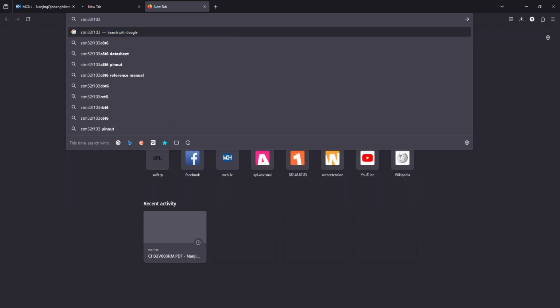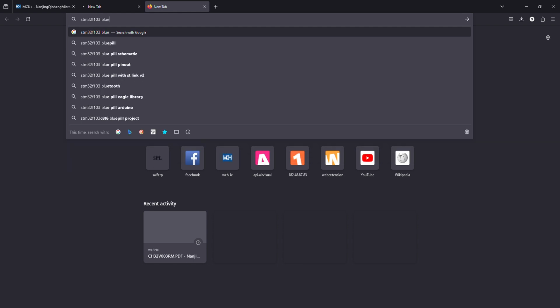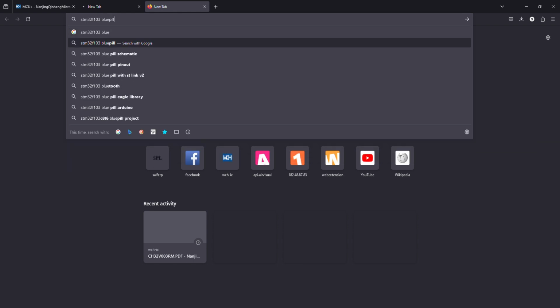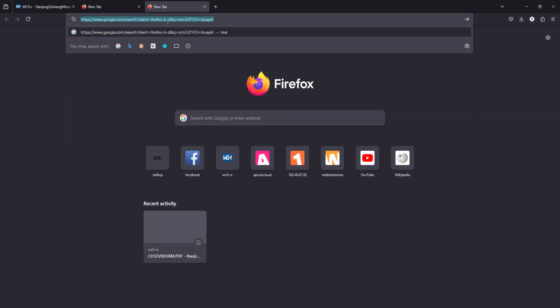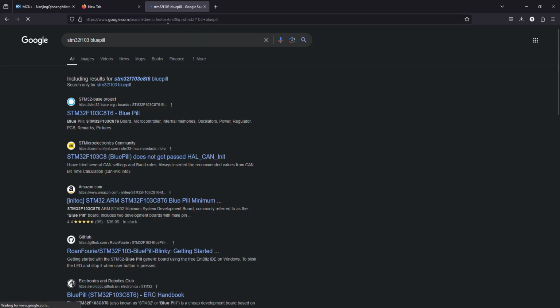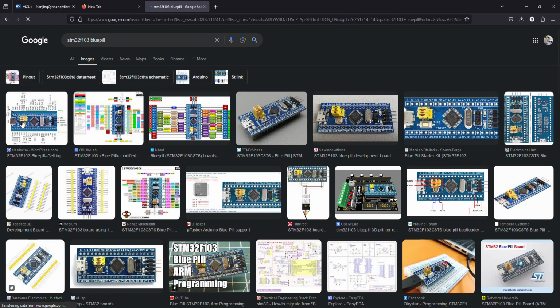The STM32F103 blue pill is one such example. The blue pill is very common to hobbyists, and this blue pill has two variants, one with STM32 and one with CH32. Those who are very attentive will see that they are the same.